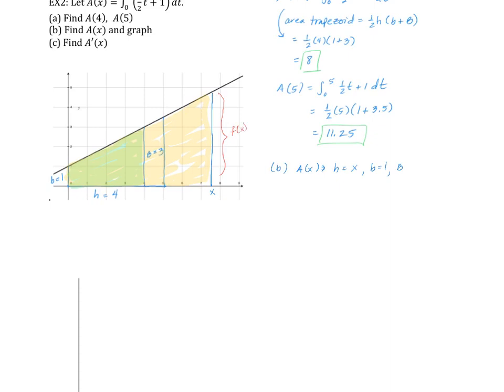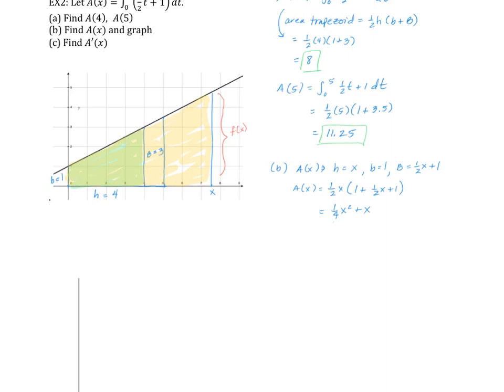And in our case, f of x is just going to be replacing x with t on that integrand to get 1/2 x plus 1. So in general, when we're finding our area function, it is going to be equal to the area of the trapezoid, 1/2 times the height of x, times 1 plus 1/2 x plus 1, which simplifies to 1/4 x squared plus x.